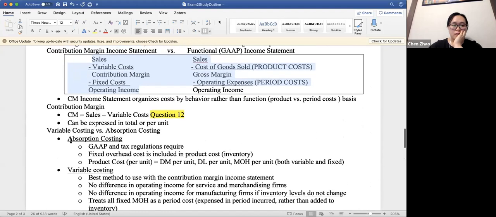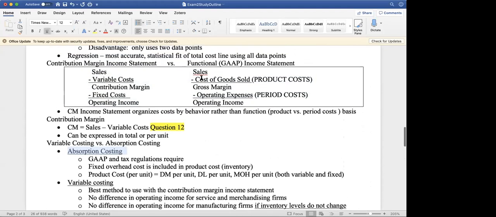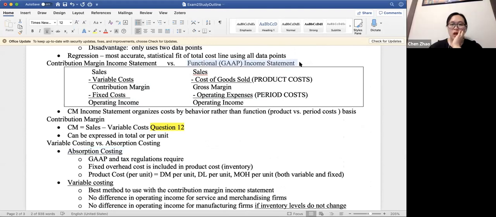So absorption costing is the same as the functional income statement, the traditional income statement, which we can see in the financial reports to the SEC, for example.